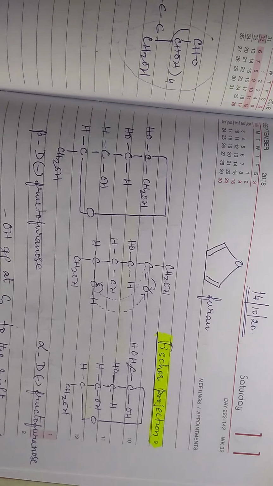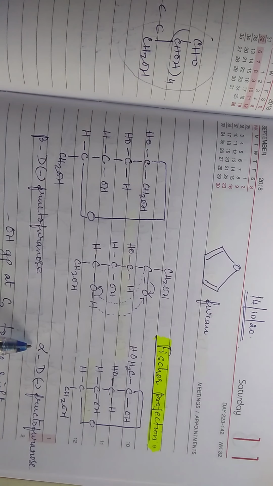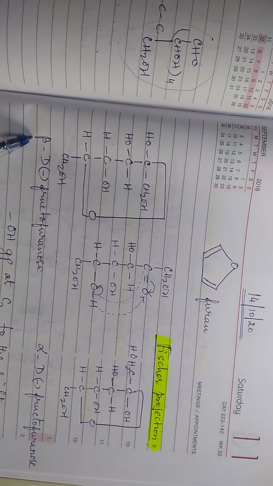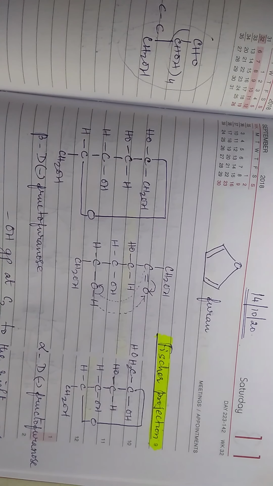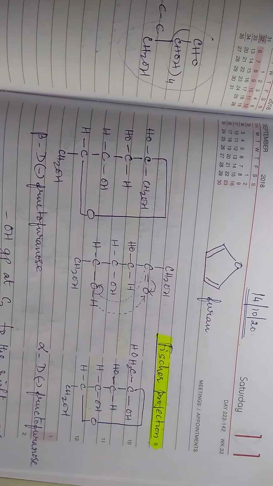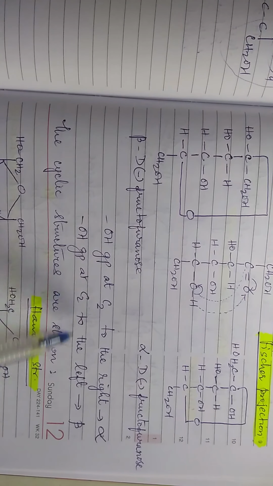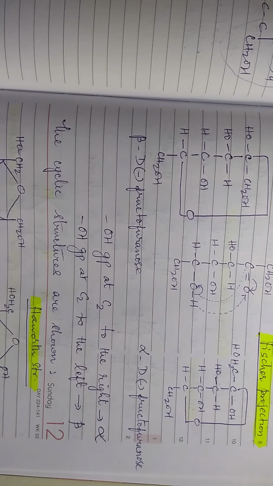Again, in the same way, if OH is to the right, then it is the alpha isomer, and if OH is to the left, then it is called the beta isomer, just the same as glucose. So OH group at C2 to the right is alpha, and OH group at C2 to the left is beta. That I have given you clearly here.